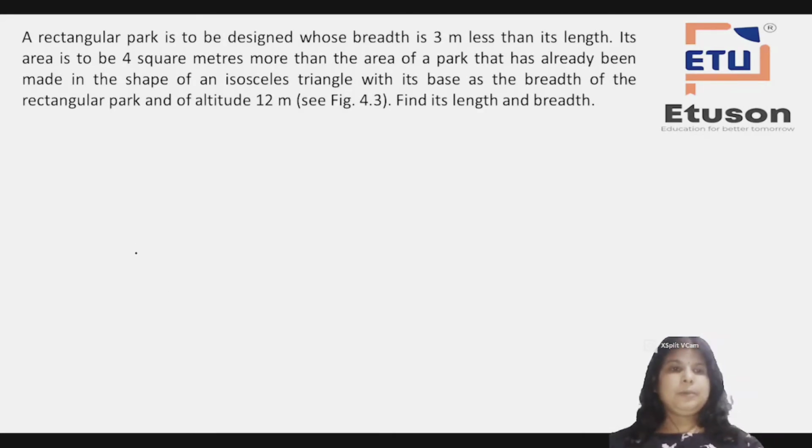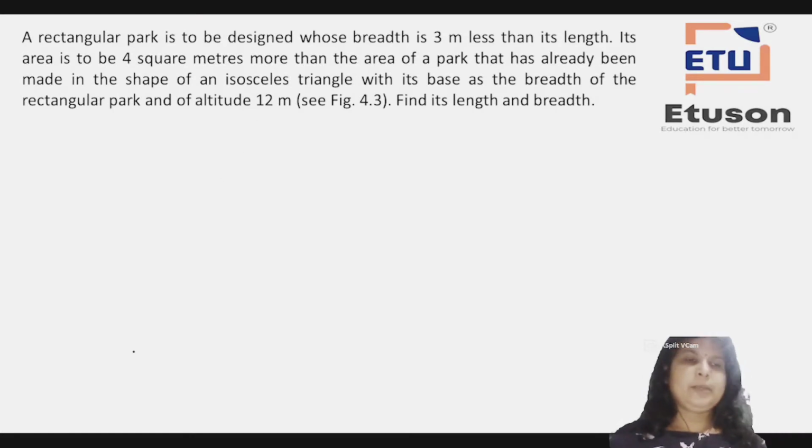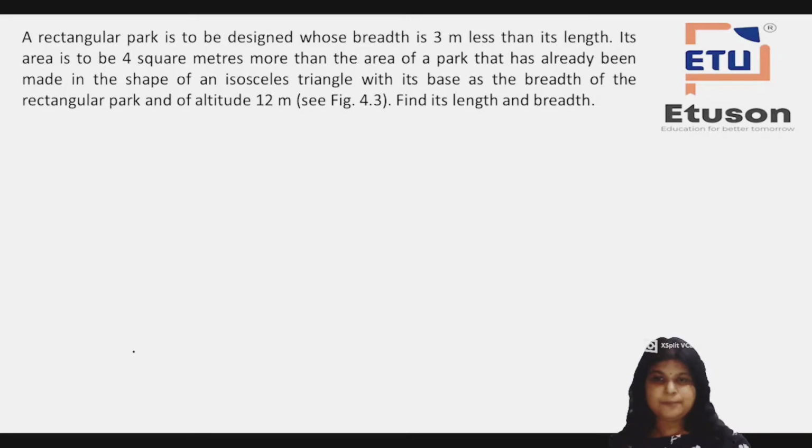A rectangular park is to be designed whose breadth is 3 meters less than its length. Its area is to be 4 square meters more than the area of the park that has already been made in the shape of an isosceles triangle with its base as the breadth of the rectangular park and of altitude 12.